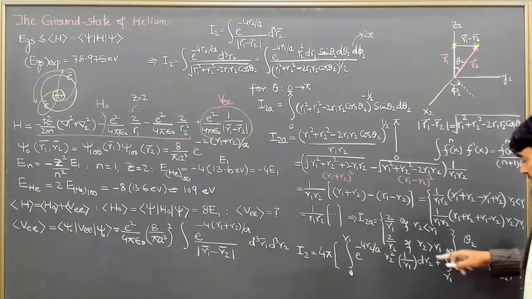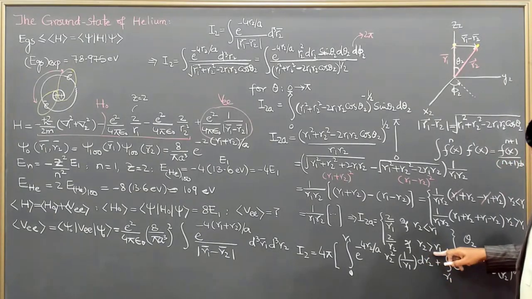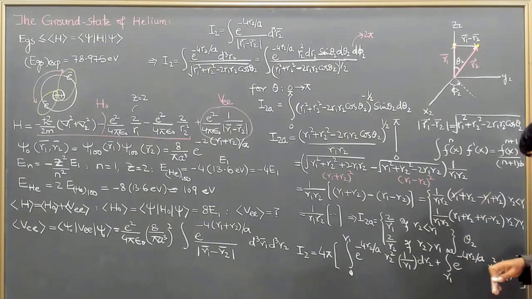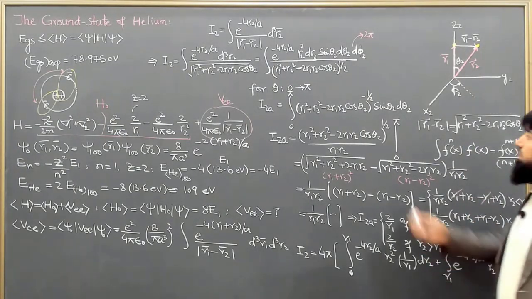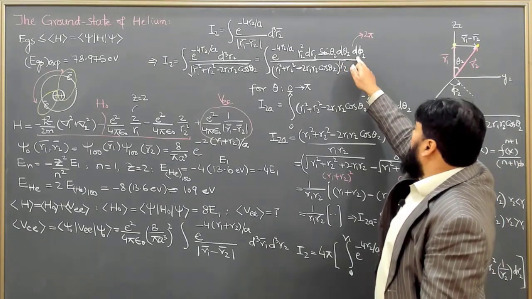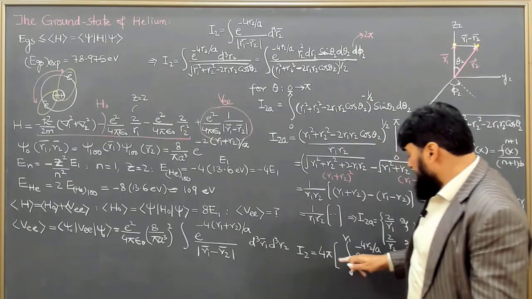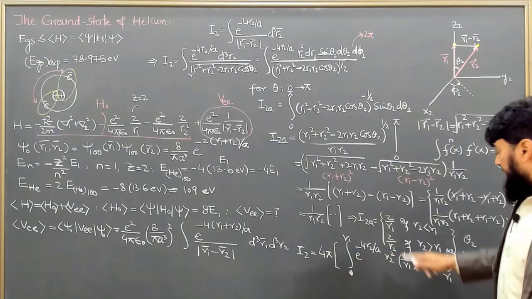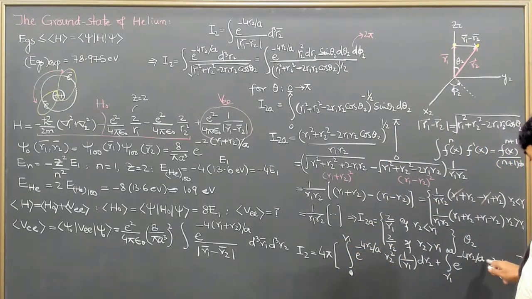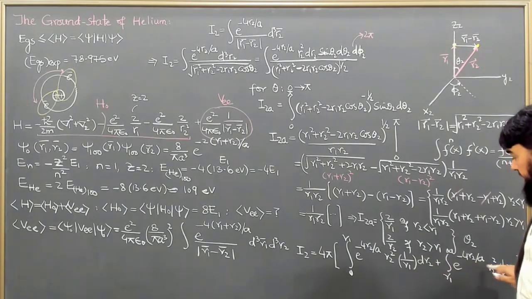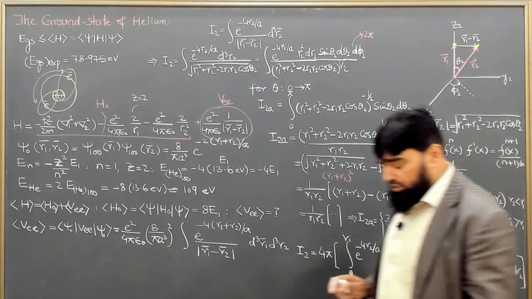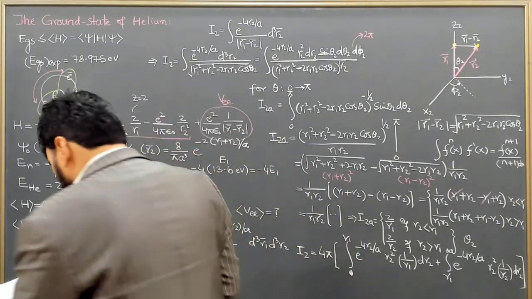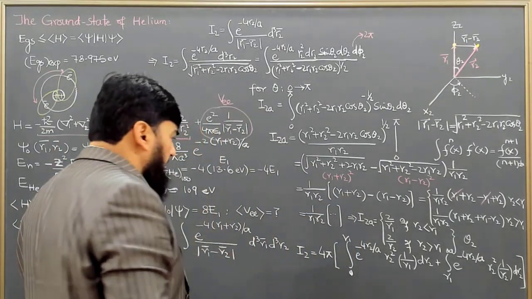The other is R2 greater than R1, so it will start from R1 and can reach infinity. So we split this integral. The phi we already wrote here, 4 pi, because it is 2 pi, and the 2 is coming from here and here, so this thing is equal to 4 pi.